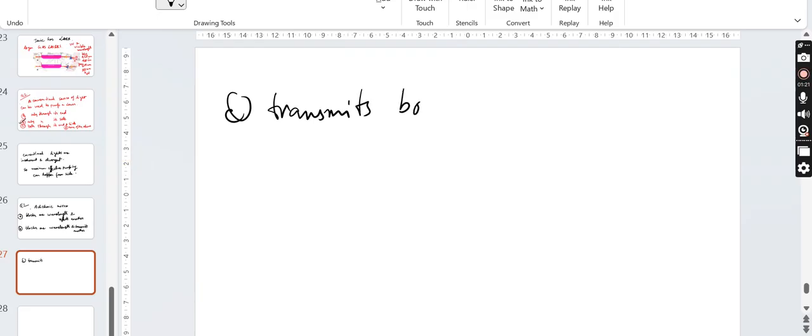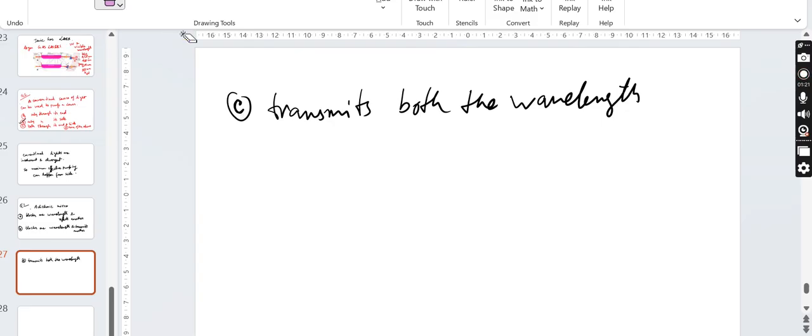C, transmits both the wavelengths. D, transmits one wavelength and reflects another.